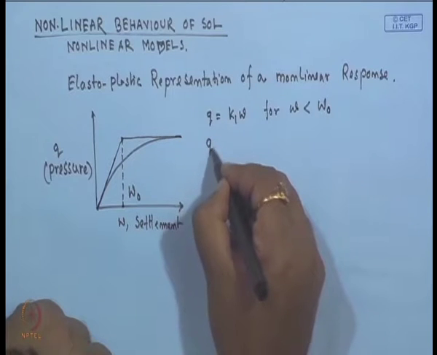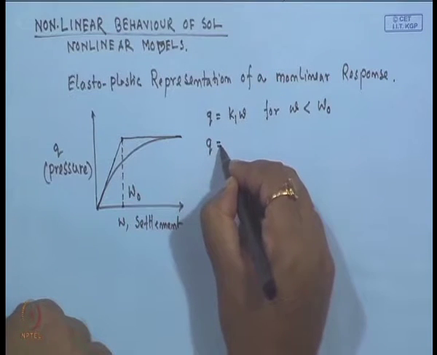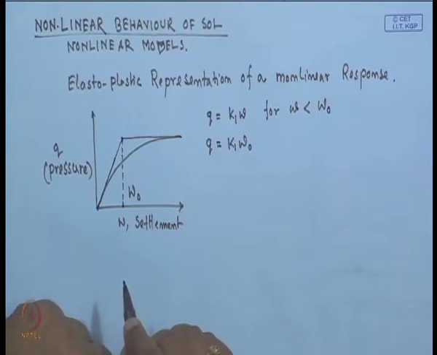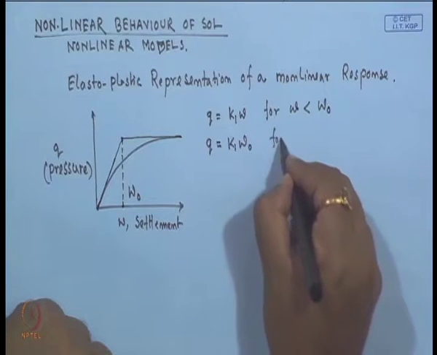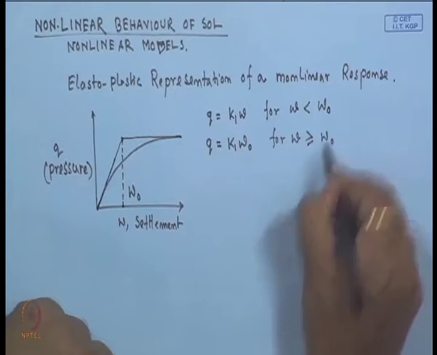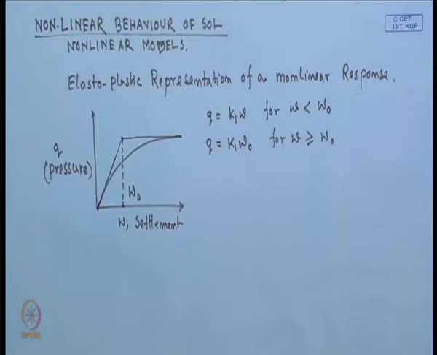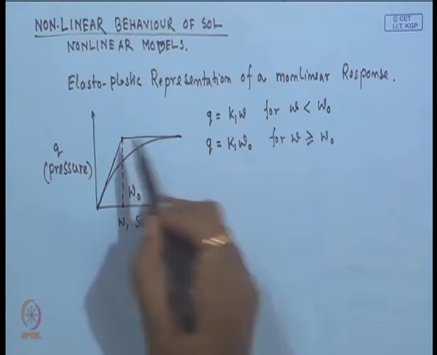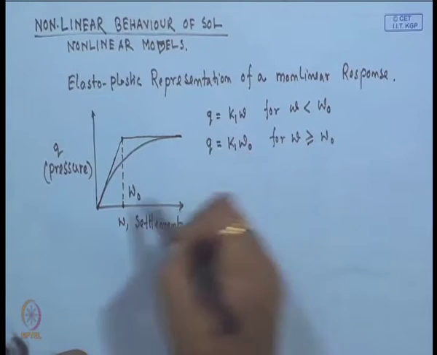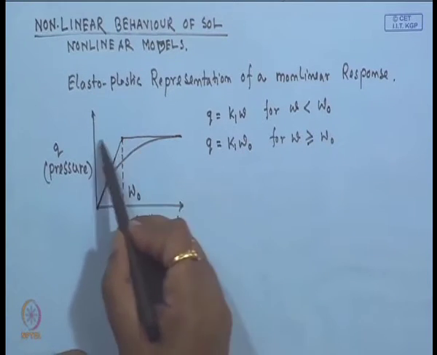Now, the next one, for W greater than or equal to W 0, Q will be K 1 into W 0, and that W 0 is constant, because this is the second part.